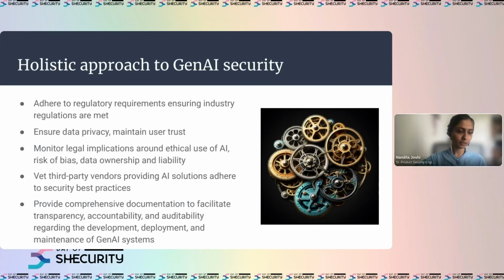So now we've spoken about what Gen AI looks like, a system architecture diagram at a high level, some of the risks associated with it, and some of the mitigations, but all of that was from the product side of things. Securing or deploying Gen AI securely requires a holistic approach because it involves a whole lot of things.